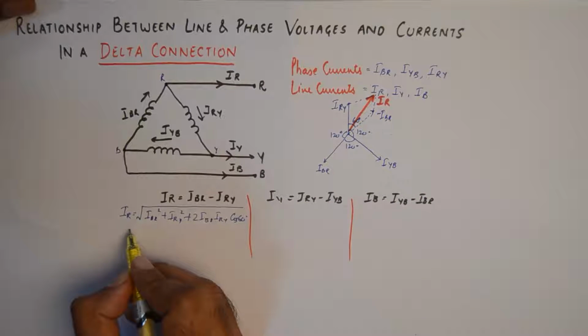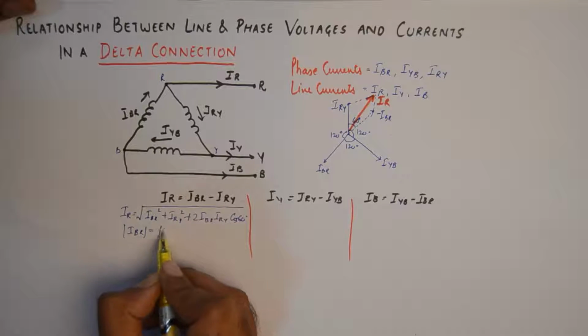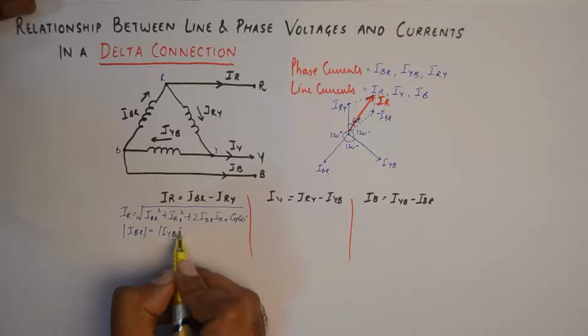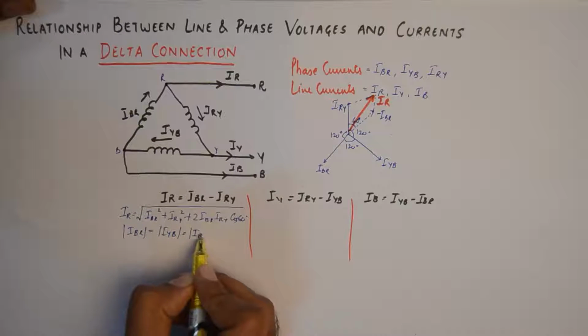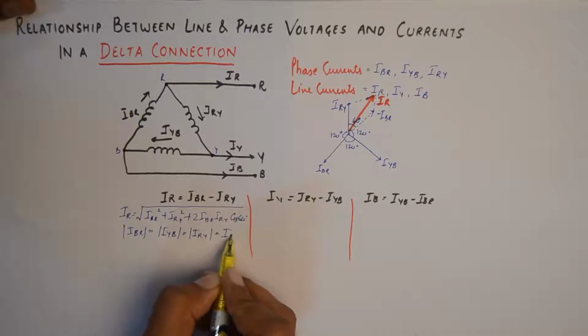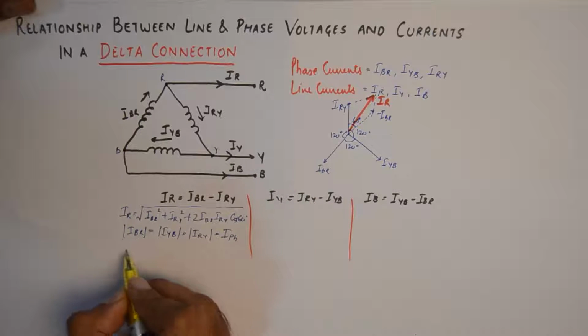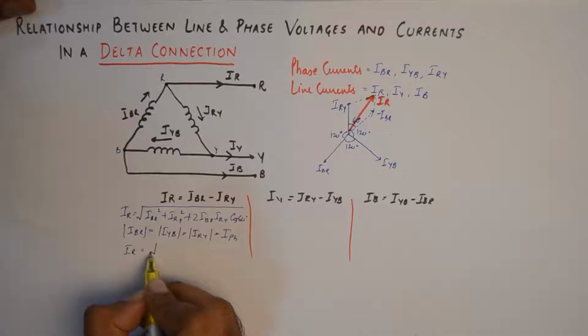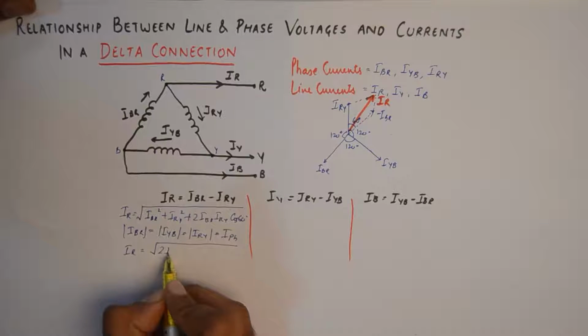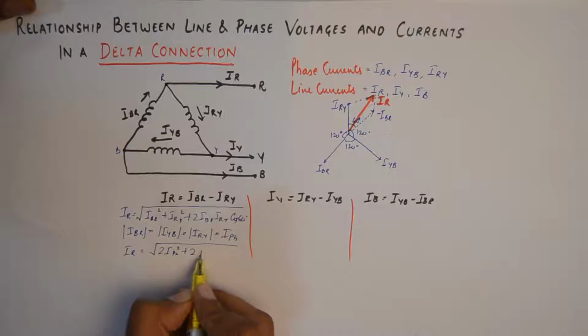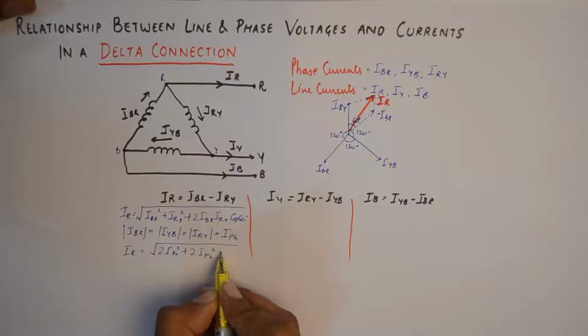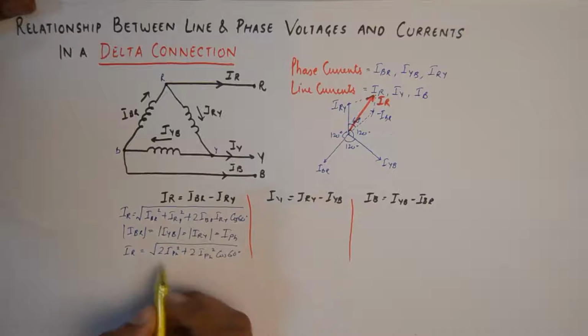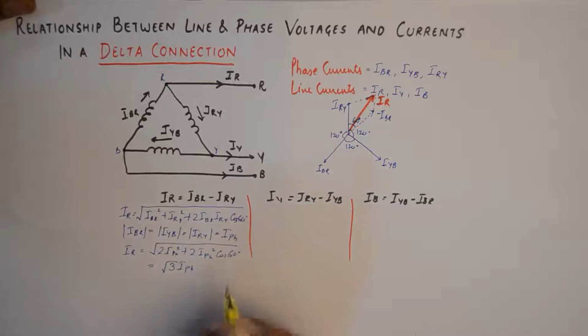And I assume that IBR is equivalent to IYB is equivalent to IRY is equivalent to the phase current. So IR is the square root of twice the phase current square, plus twice the phase current square into cos of 60 degrees, or in other words it comes out to be equivalent to under root 3 IPH.